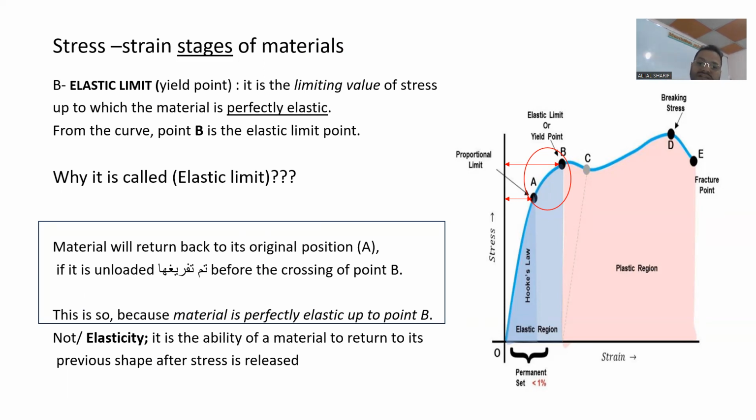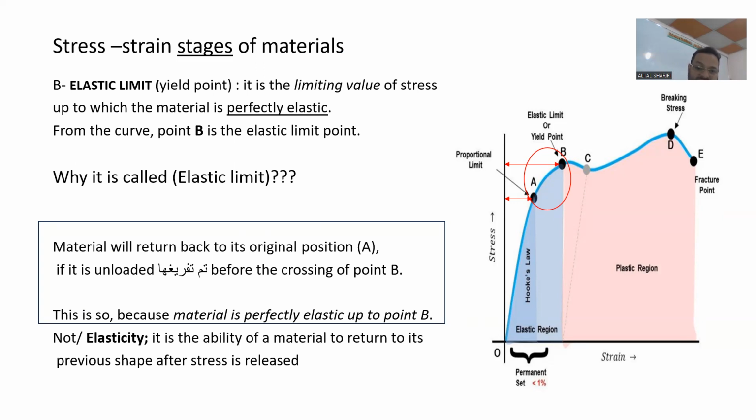Why is it called the elastic limit? Like I said before, because the material will return to its original position if it is unloaded before crossing point B. When crossing point B, what does that mean? That means we have started the plastic region, and here the conditions are different.